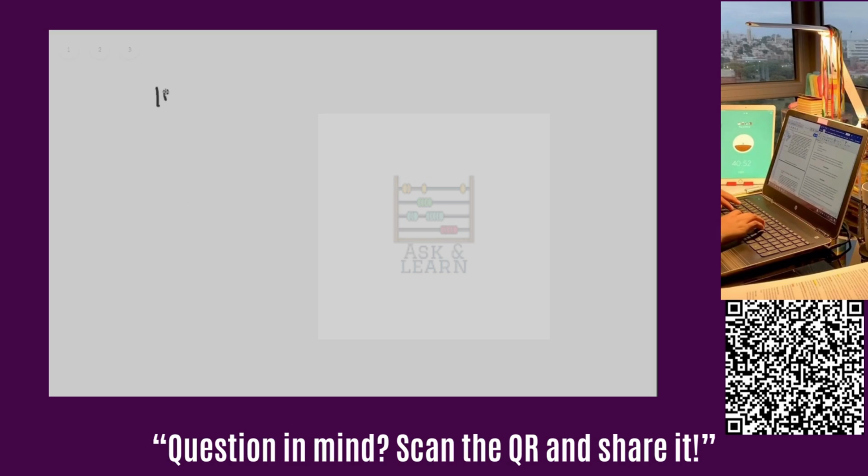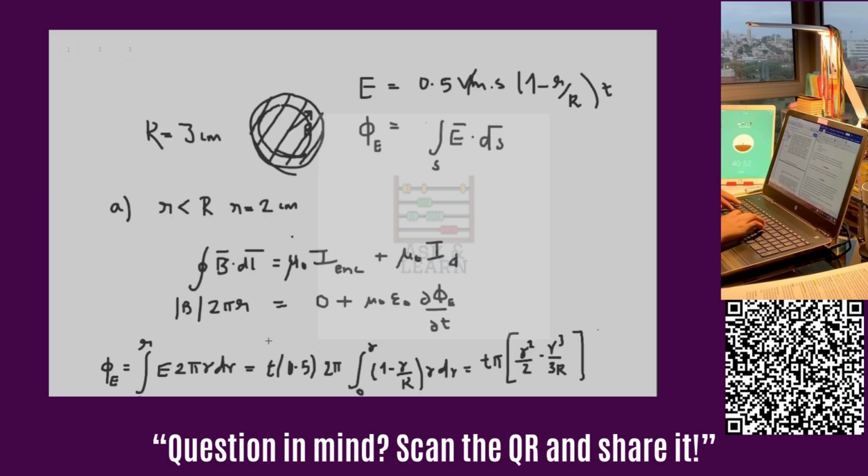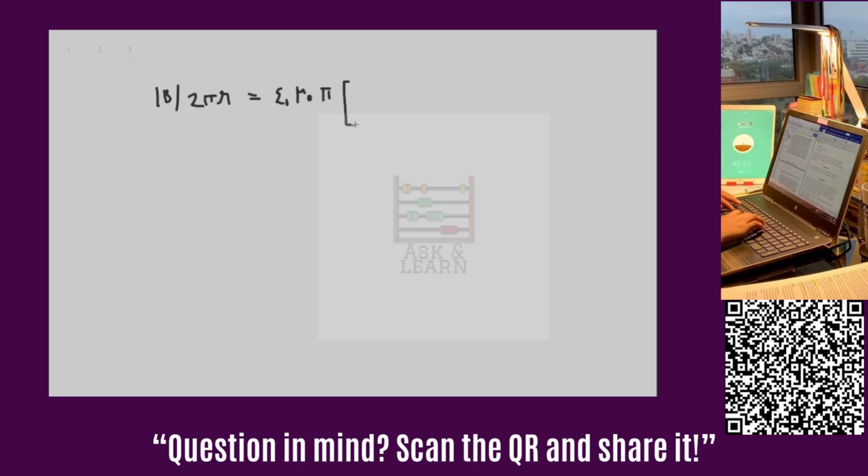So we'll again write down B times 2 pi r is equal to mu naught epsilon naught, mu naught pi. And remember that we have to take the derivative of this. t goes away in that derivative, we just have pi, and all the other terms, which are r squared over 2 minus r cubed over 3R.